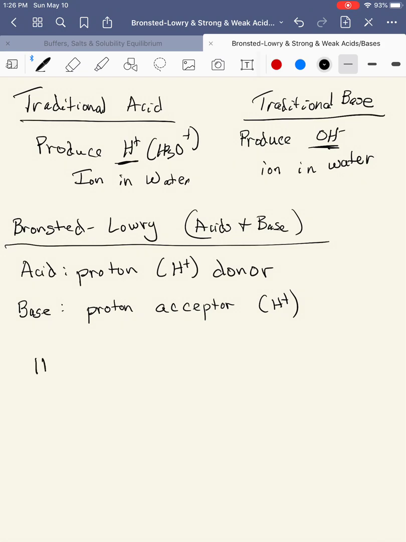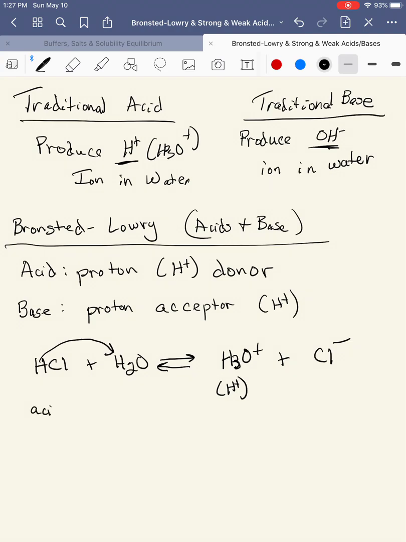So let's start with HCl plus water. And when we do that, we're going to end up with H3O plus, or H plus, remember they mean the same thing, plus Cl minus. Okay? Well, HCl is donating the hydrogen, therefore it is a Bronsted-Lowry acid. H2O is accepting the hydrogen, therefore it is a base.